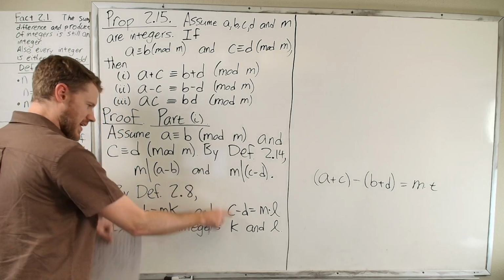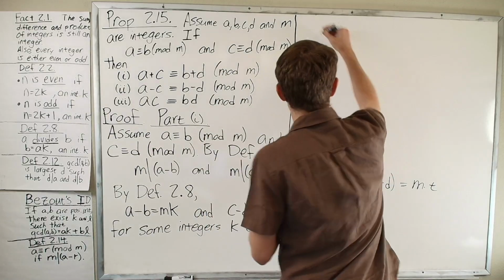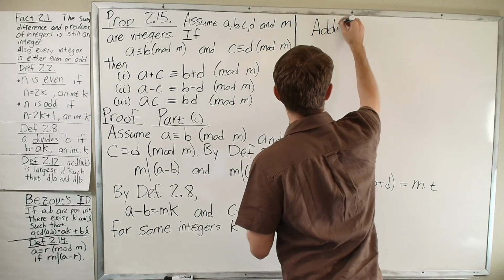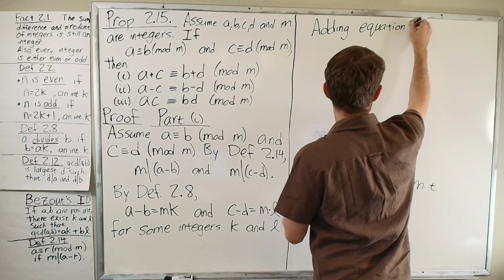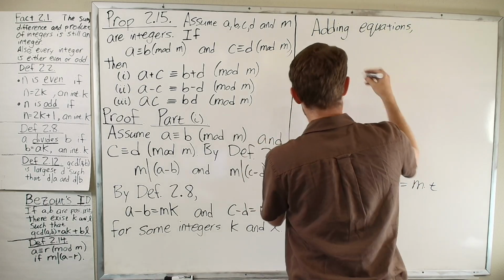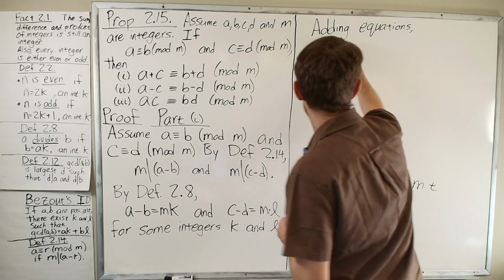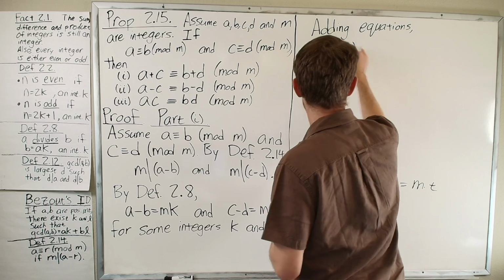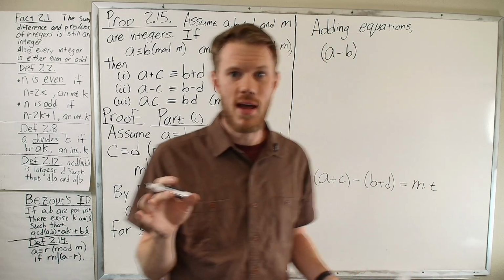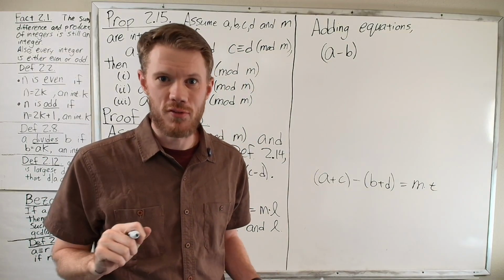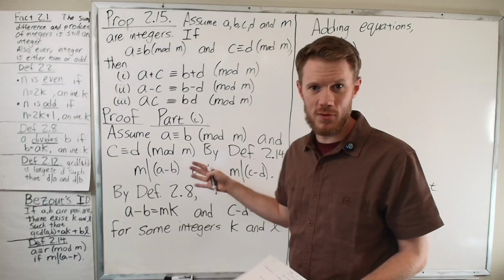Let's add the left sides of the equations and the right sides of the equations to each other. So adding equations, we have that a minus b, and really this would be a good place to pause. See if you can pause the video now and on your own finish the proof. The second third of the proof will be just like the first third.